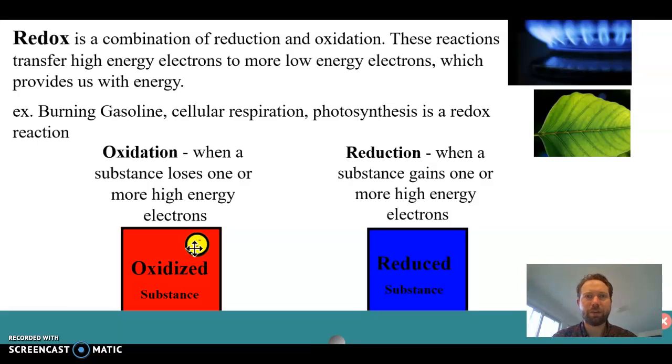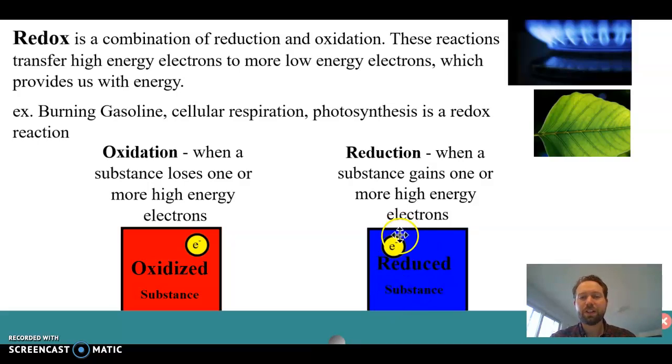Elements on the periodic table that have really low ionization energy have really high energy electrons, which are easy to get rid of. So the oxidized substance is the thing that loses electrons, and it gives the electrons away to the reduced substance.